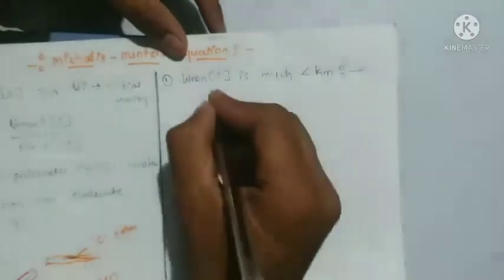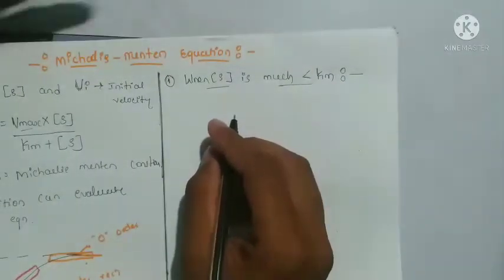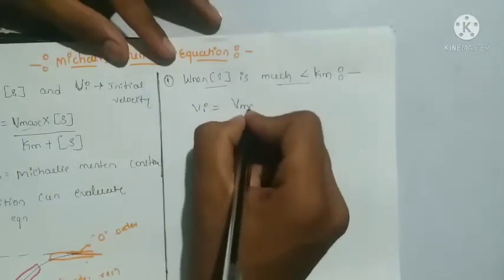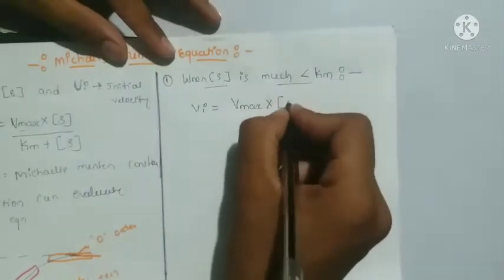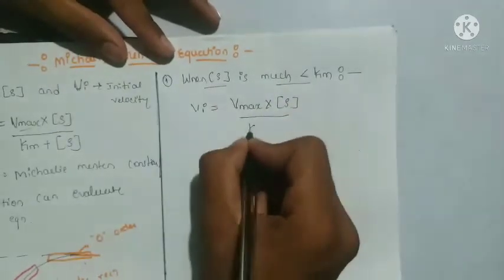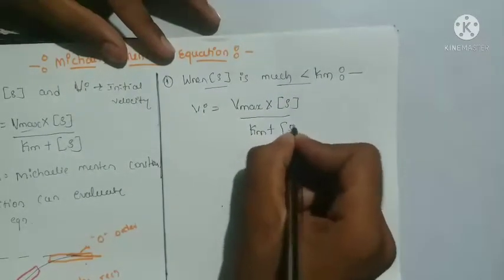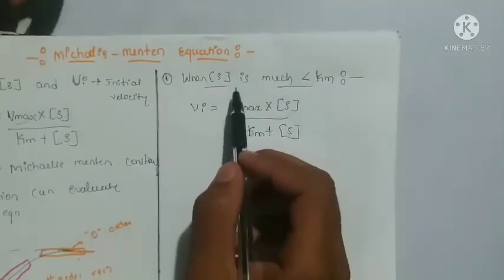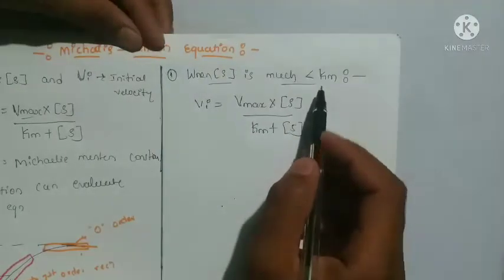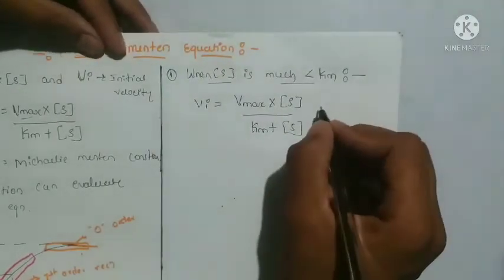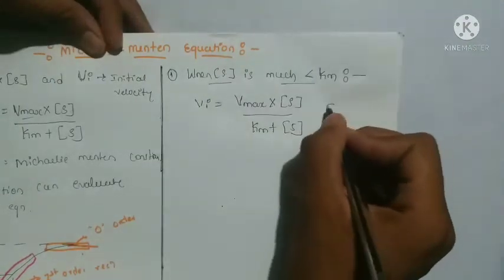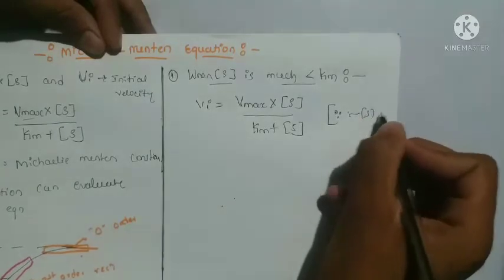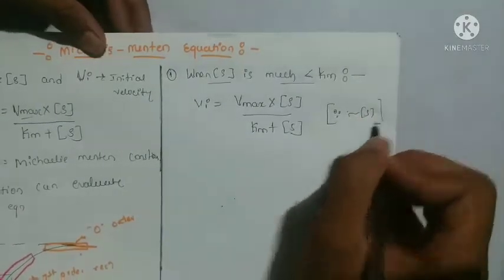Here we know the Michaelis-Menten equation, that is V maximum times the concentration of substrate, divided by Km plus the concentration of substrate. When the substrate is much less than the Km value, the substrate is neglected, that means the substrate becomes zero.